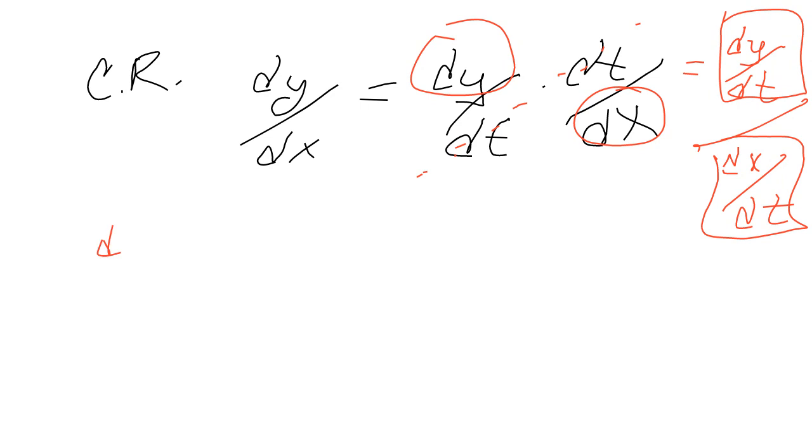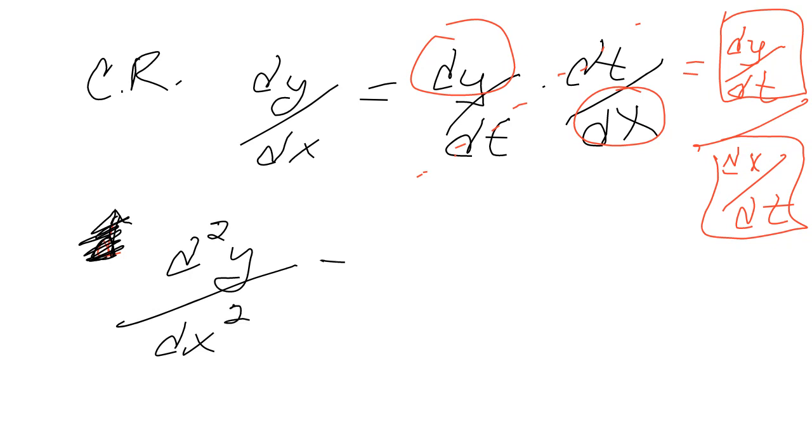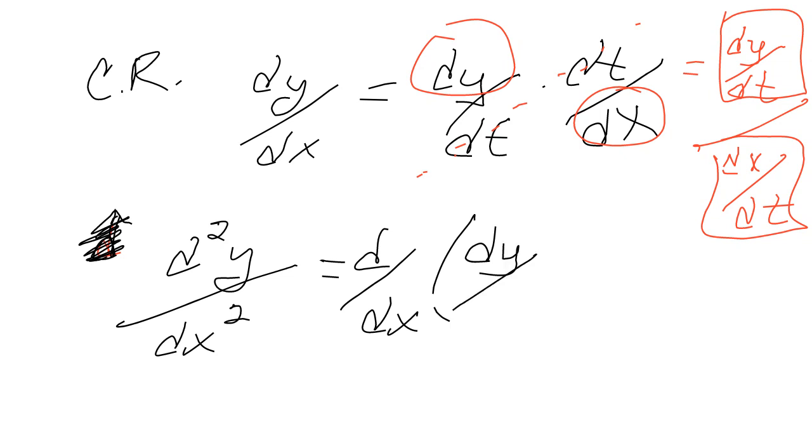Then, of course, we could do this with the second derivative. If I want d squared y over dx squared, the second derivative of y with respect to x, well, that's the derivative with respect to x of dy/dx, which we could just call y prime.